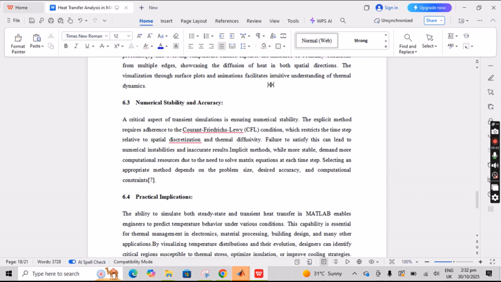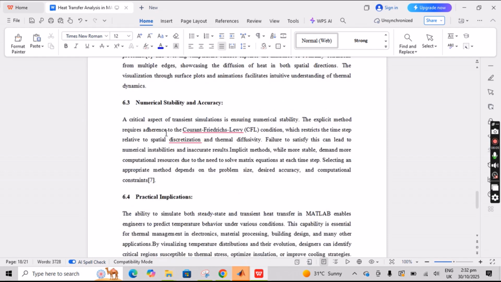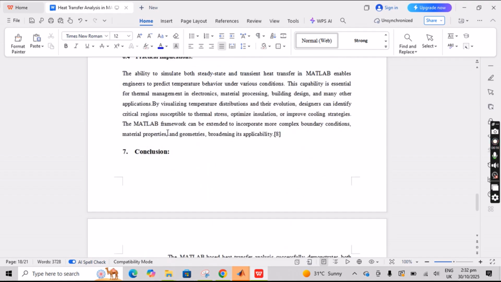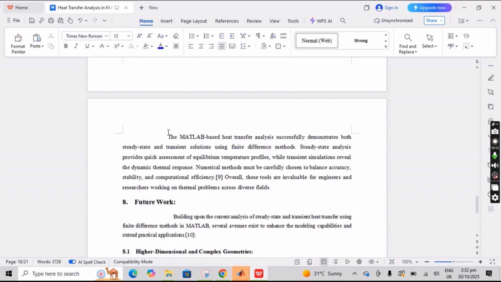Basically we have used the Courant-Friedrichs-Lewy condition, which uses different material equations and methodology, and then I have implemented the Crank-Nicolson method. We have basically used two different methods to get the output results for the thermal conductivity of the heat transfer methodology of different materials based on 1D, 2D, 3D surfaces in MATLAB simulation.